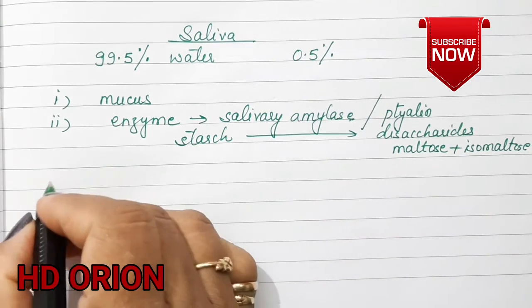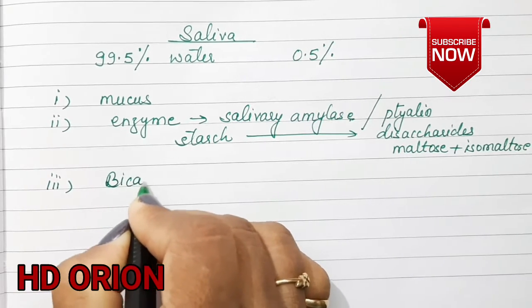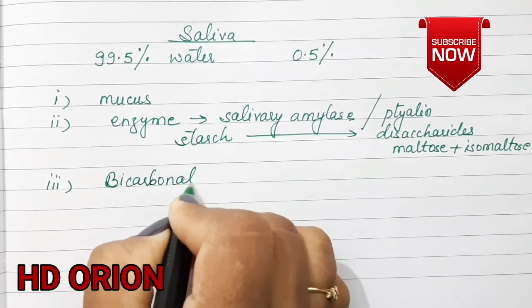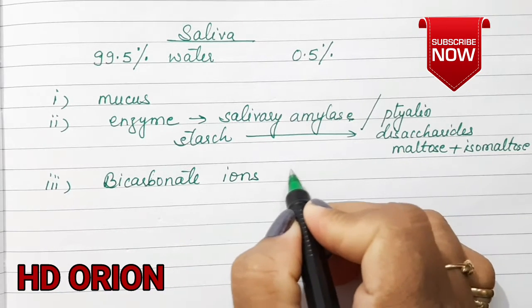The third thing that is present is bicarbonate ions. This neutralizes the acidity in the food.